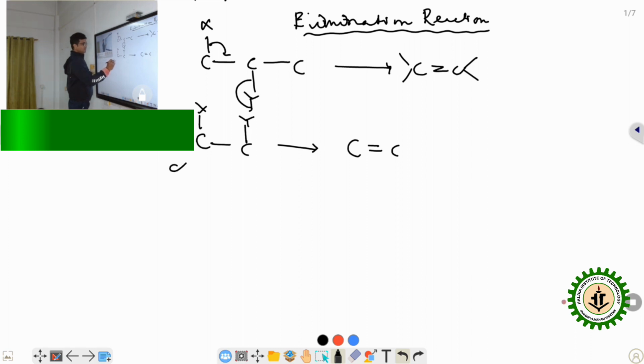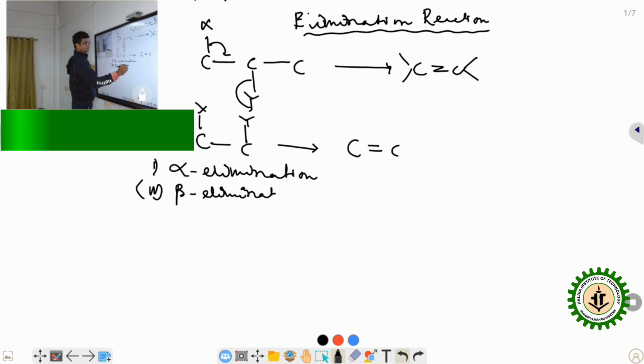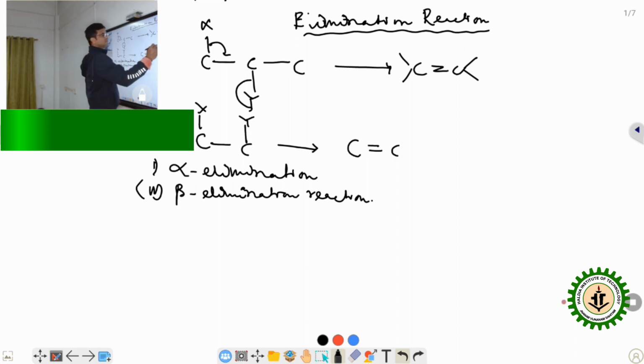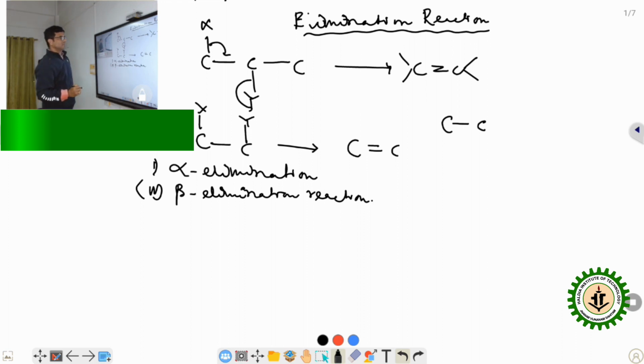One is called alpha elimination reaction. Second one is beta elimination reaction. Now, alpha elimination reaction means when two atoms or groups are eliminated from the same carbon atom.